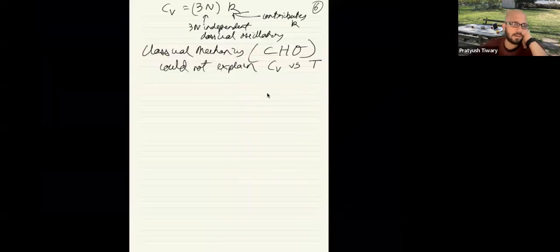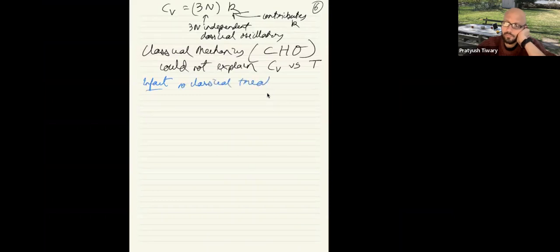Well, this is something that I mentioned in the very first class of 687, that in fact, no classical treatment can explain why C_V goes to 0 as T goes to 0.